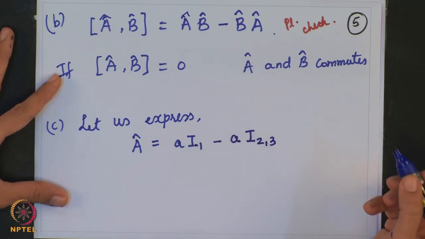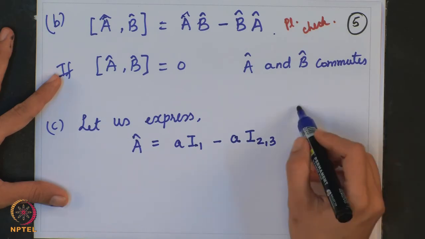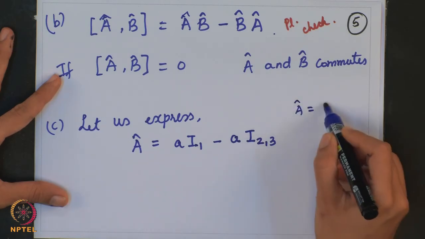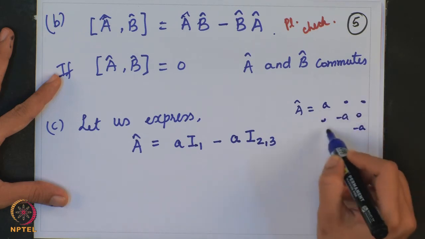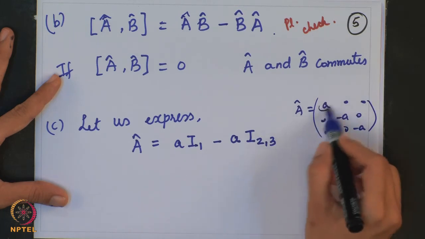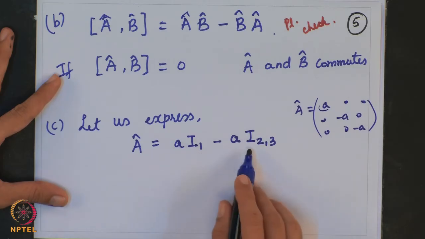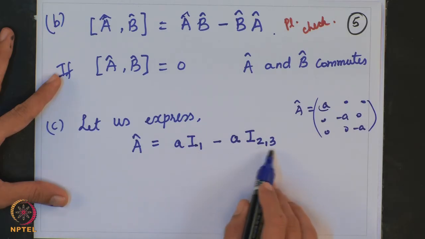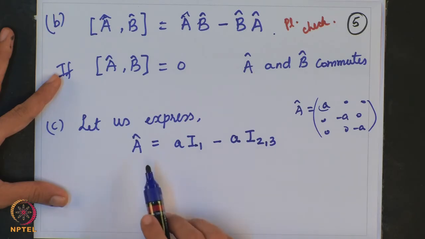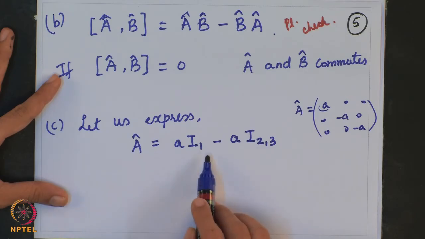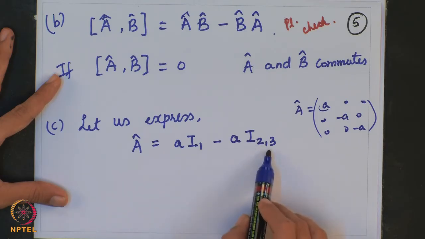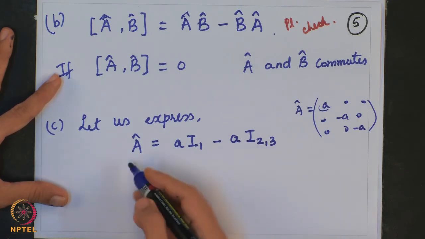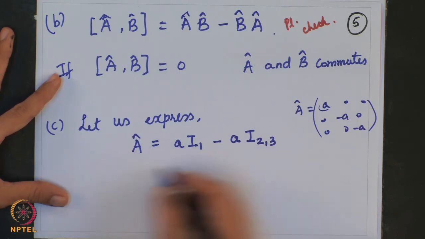Again this is an identity operator, because what was A? Recall A as the matrix with A, minus A, minus A on the diagonal and zeros elsewhere. So, this will give me A I1 minus A I23. So, this will give me A I1, the one-dimensional identity operator, and minus A I23. Okay. So, this is what we have.